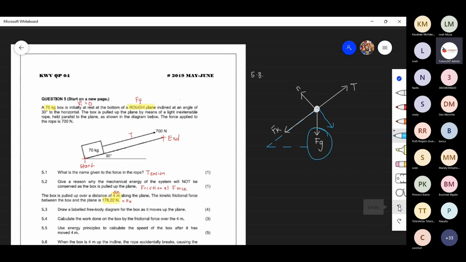You have to show FG. If you leave it out, you're going to lose 1 mark. So show FG, and then you can call the components FGY or FG perpendicular, that's up to you. You can also put in the horizontal or parallel component, whatever you want to call it. You can include those additional components, but you won't get any extra marks for them. But if it helps your understanding, by all means, proceed.